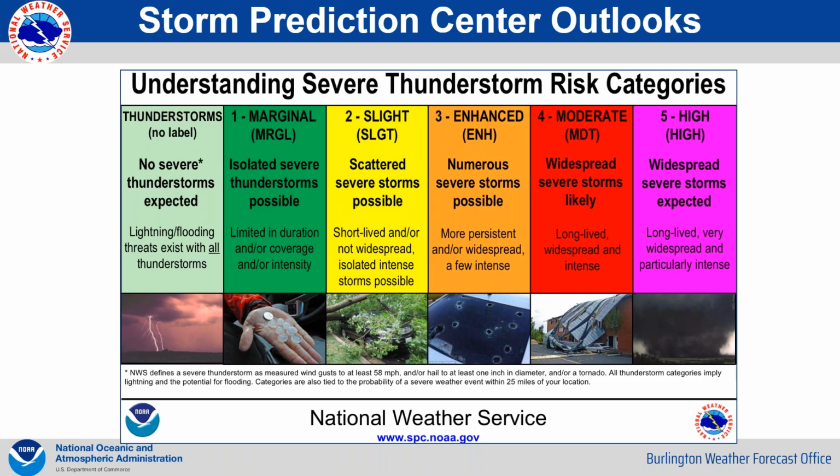Everyone's a different learner. Everyone sees things in a different way. And so we're trying to cover as many bases as possible by having scales that go up by color, by number, and by wording.